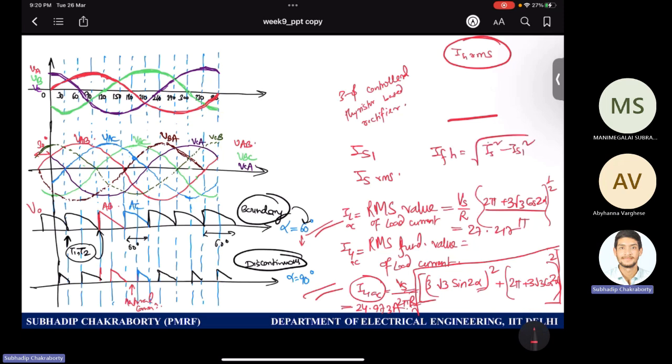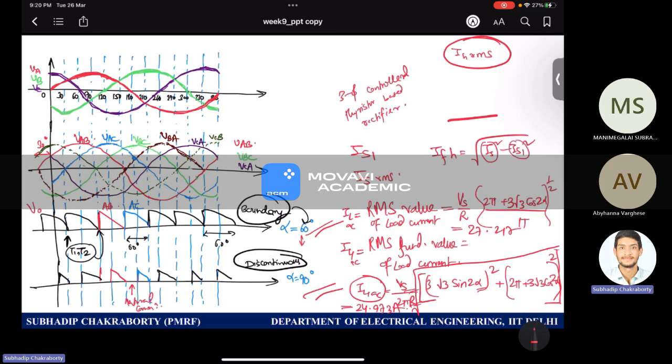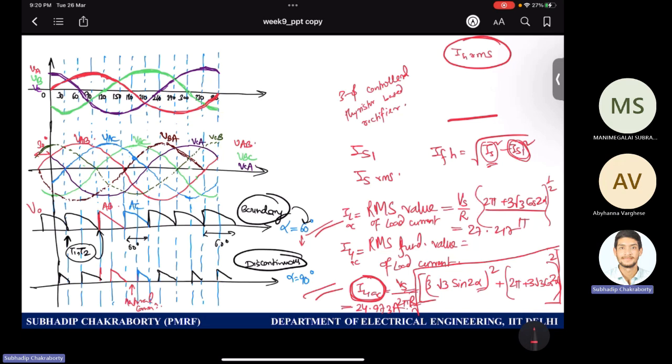If you find the difference, you can find the I filter harmonic current: root over IS square minus IS1 square. Why am I writing IS here? Because your IL1 will be supplied by IS1, so both are the same. And since all are series connected, your IS and IL will be the same, as these are all supply side reflected. Get my point? Yes, sir.